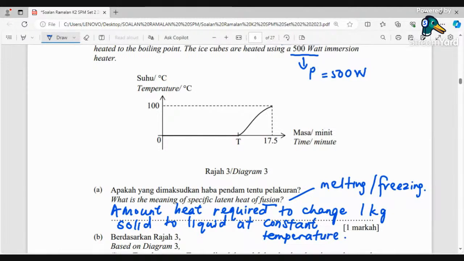Okay, amount of heat required to change 1 kg solid to liquid at constant temperature. Okay, ini maksud specific latent heat of fusion.